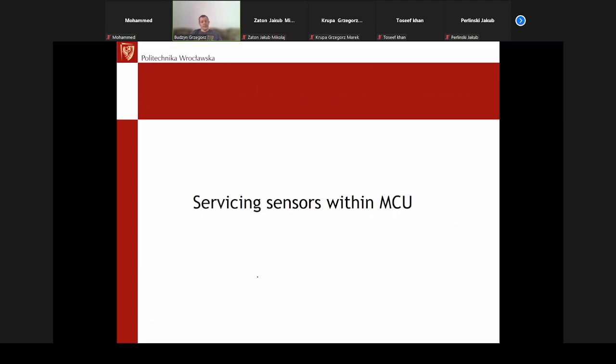Something that is not available in the aforementioned interfaces. Good. Okay, we've got the next element of our lecture. This is servicing: how to handle the sensors within our program, within our software. There are a couple of methods for it.